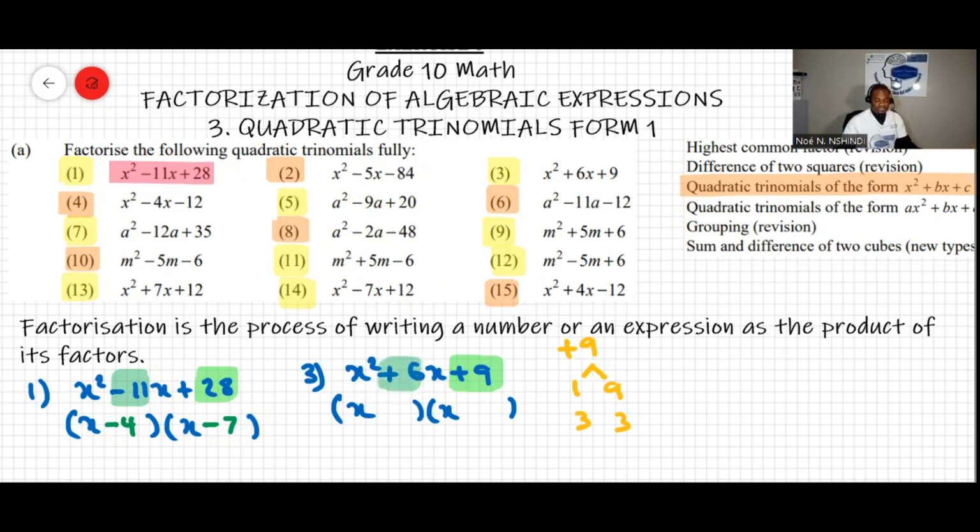You can see 1 and 9 will never give me positive 6, but 3 and 3 will. So this is going to be positive 3 and positive 3, because positive 3 plus 3 makes 6, and obviously positive 3 times positive 3 makes positive 9. So over here, within the bracket, I can place in positive 3 and positive 3. Now we can say we fully factorize.